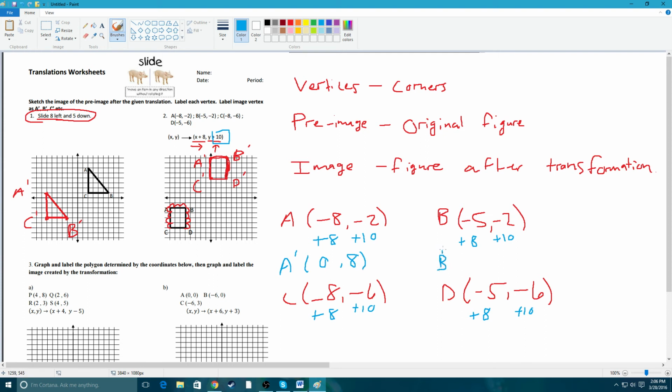Our B prime becomes 3, comma 8. C prime becomes 0, comma 4. And D prime becomes 3, comma 4. And you can double check these points with the figure that we drew over here on the left. Those are all the correct coordinates. So those are 3 different ways to do a translation.